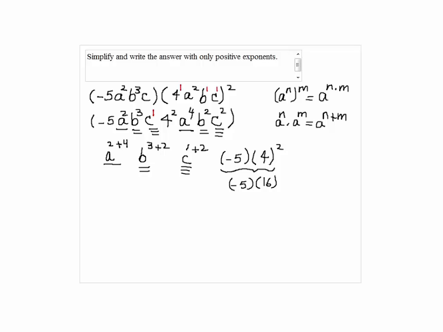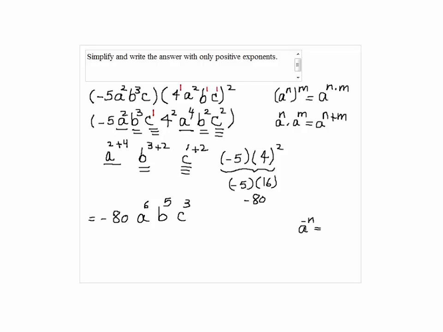So I have 16 times negative 5, which is equal to negative 80. So I can start with that, negative 80. And then I have a to the power of 4 plus 2, which is 6. B to the power of 3 plus 2, which is 5. And c to the power of 2 plus 1, which is equal to 3.